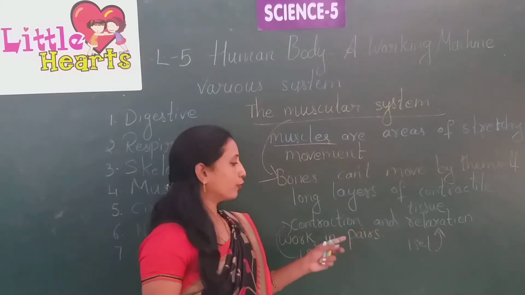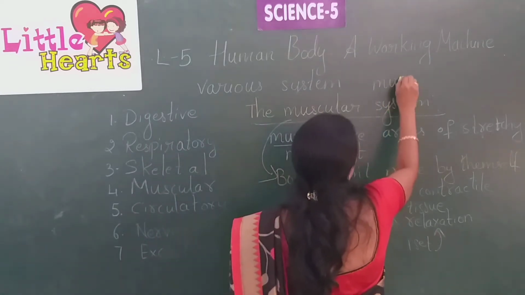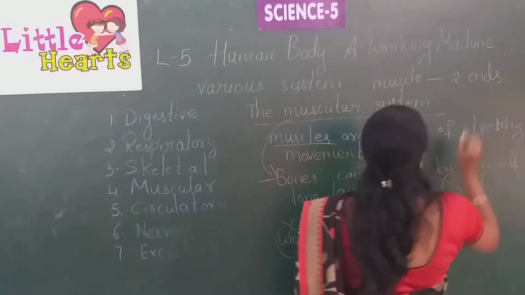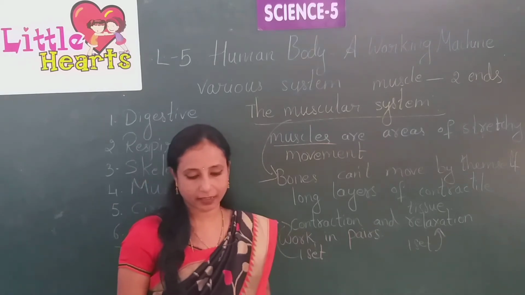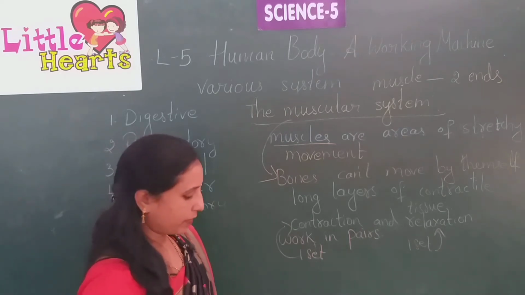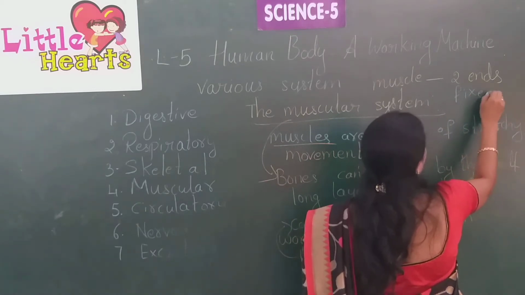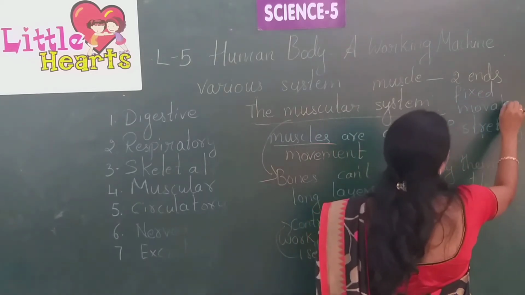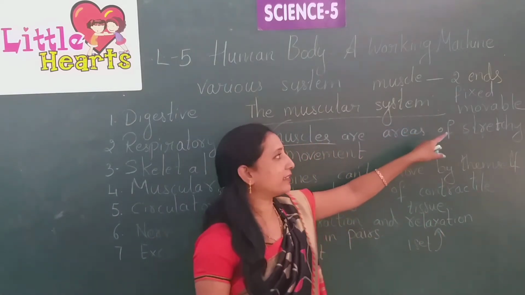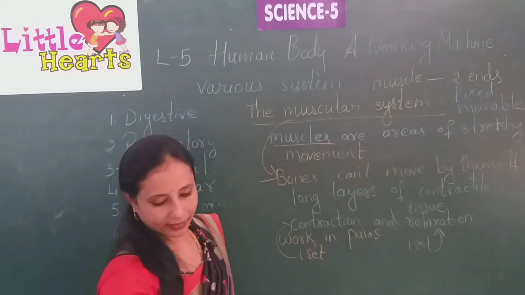Each muscle has two ends, a fixed end and a movable end. The fixed end is attached to the bone and the other end is movable, so that contraction and relaxation takes place.